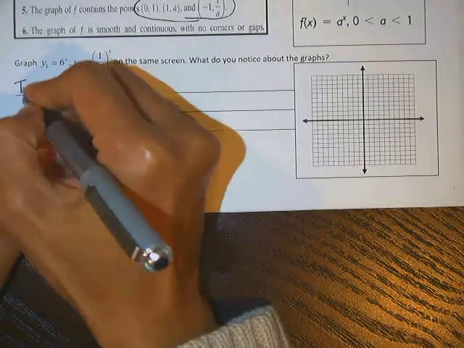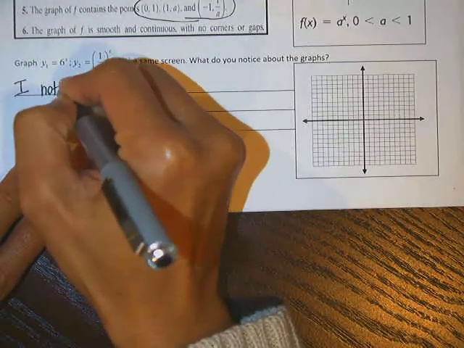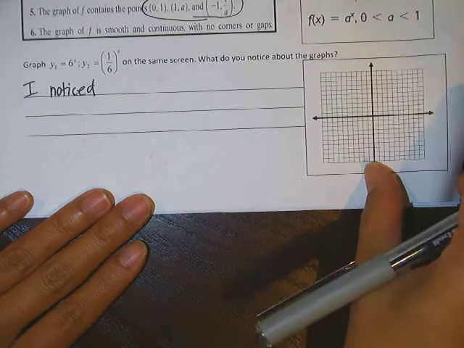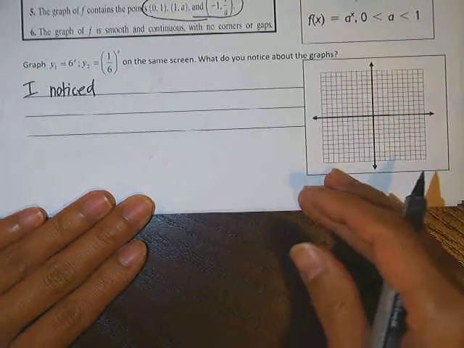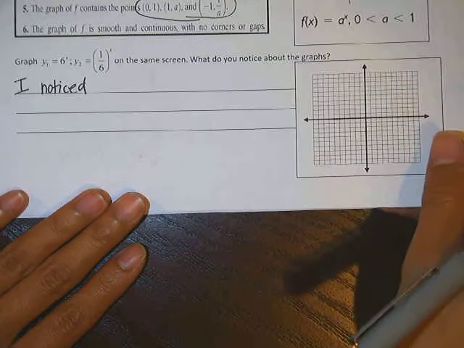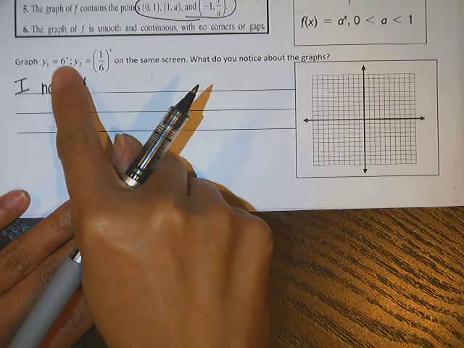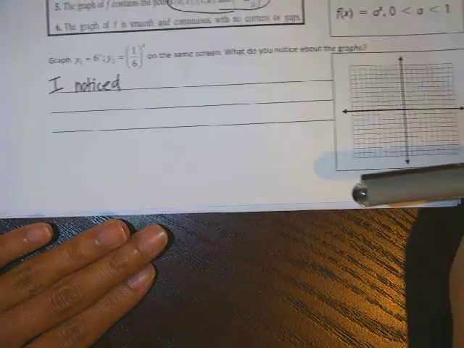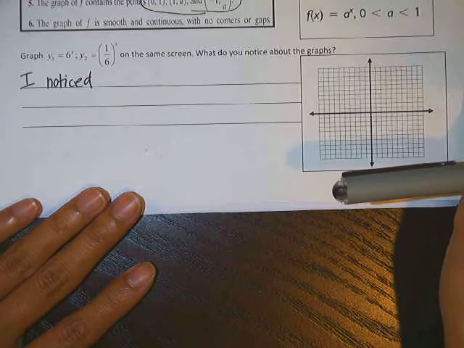Compare them. What do they have in common? What is different? Write a little paragraph that will help you in the future understand these concepts when the base a is greater than 1 and when the base is between 0 and 1. Once you're done with that, this is going to be the last piece of our lecture.